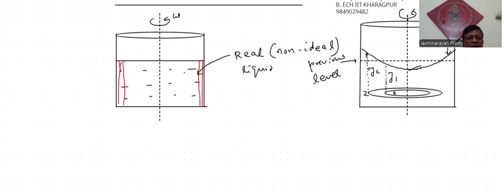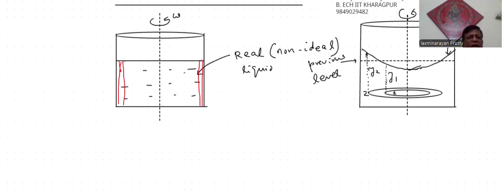The container wall cannot drag the touching liquid layer because viscous force is not there, viscosity is absent. So only the container goes on rotating, whereas the liquid layers do not. I am imagining an infinite number of cylindrical layers of this liquid.